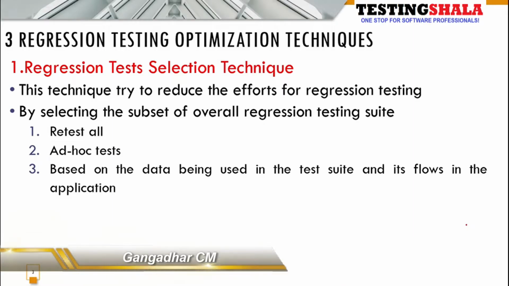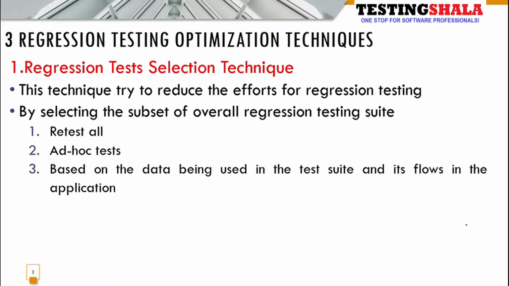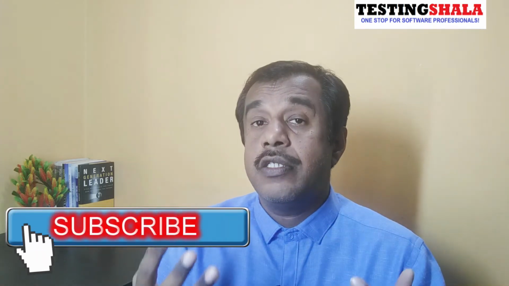The third type of selection for identifying regression test cases is based on the test data used for a given test case. If we identify that test data, only the test cases related to that test data will be executed, and the remaining we won't execute. So I talked about three methods: executing everything, doing it on an ad hoc basis, or selecting based on the data used for the test suite.